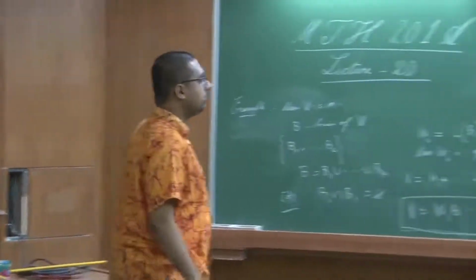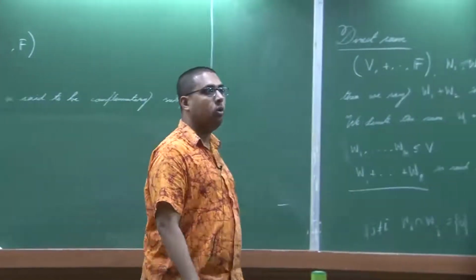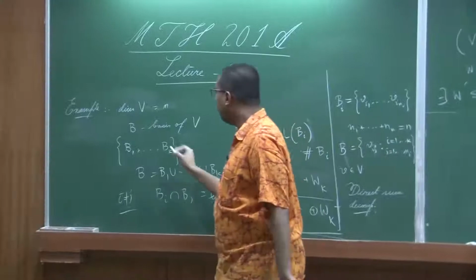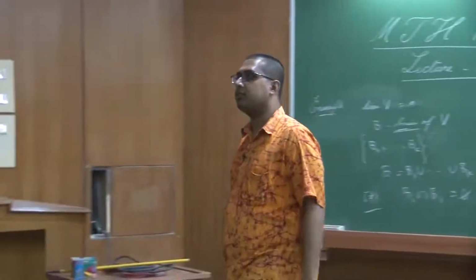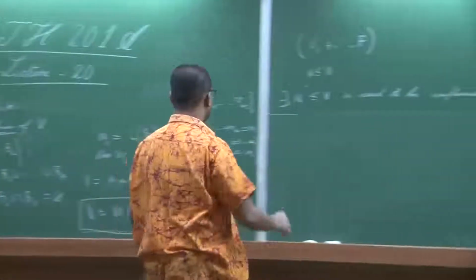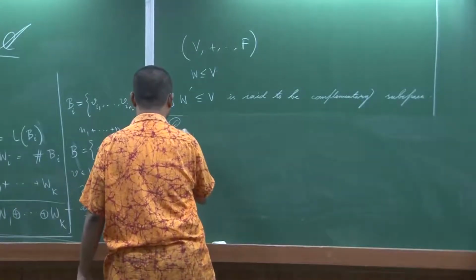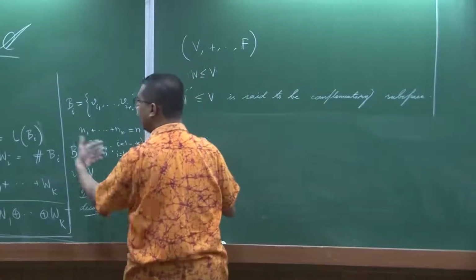So, therefore, the observation that we have made here goes through if we relax the condition of a basis, just by saying B is linearly independent. So, the example that we may record as a proposition.